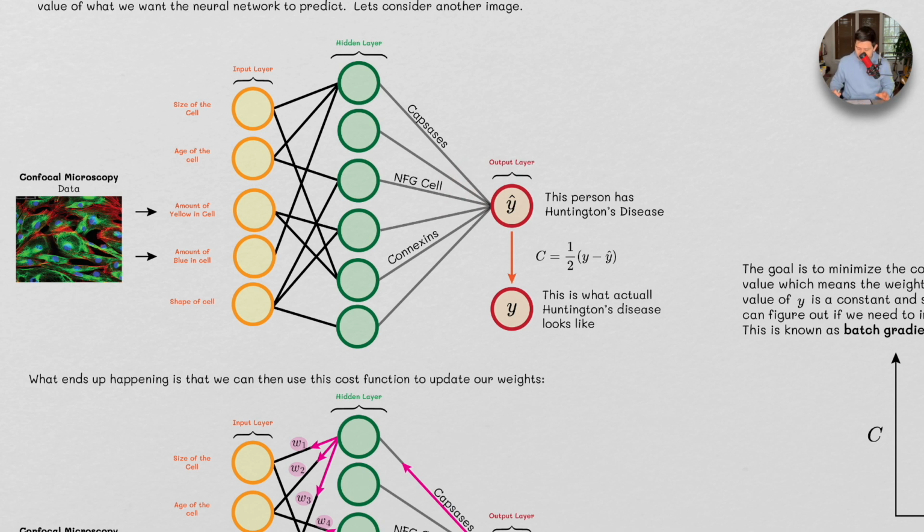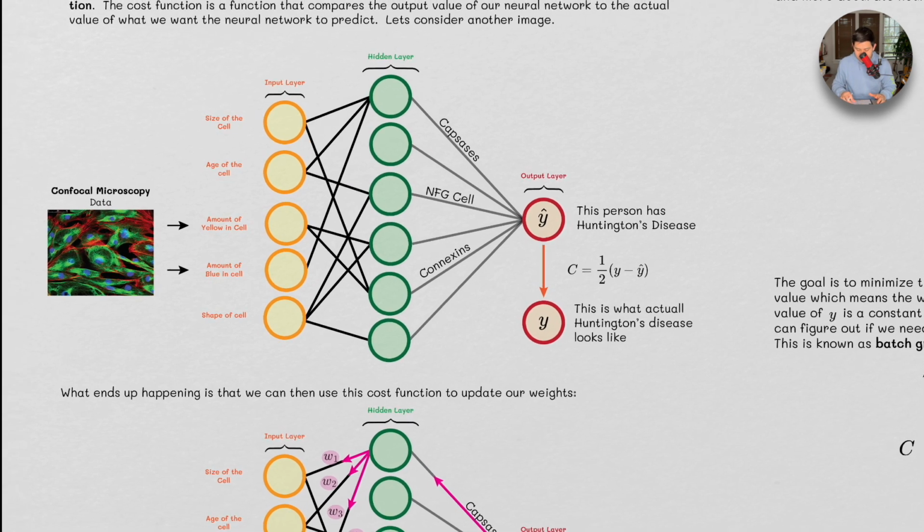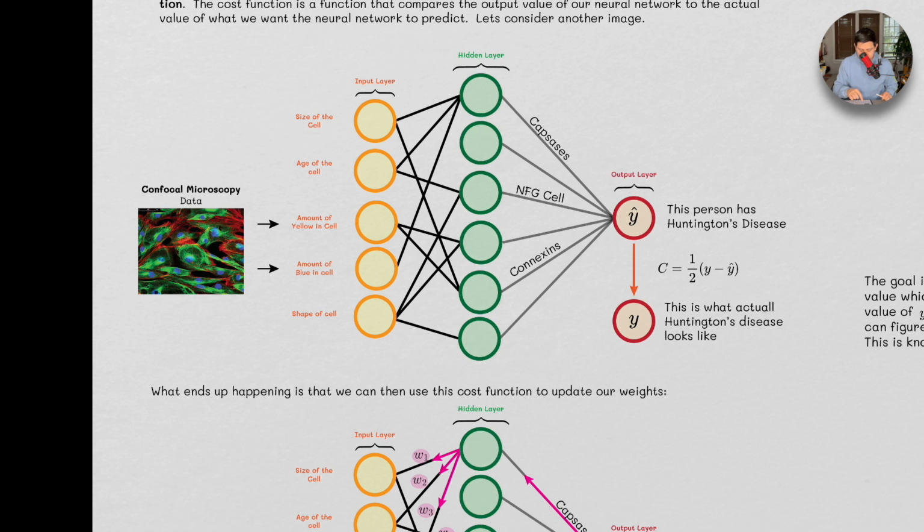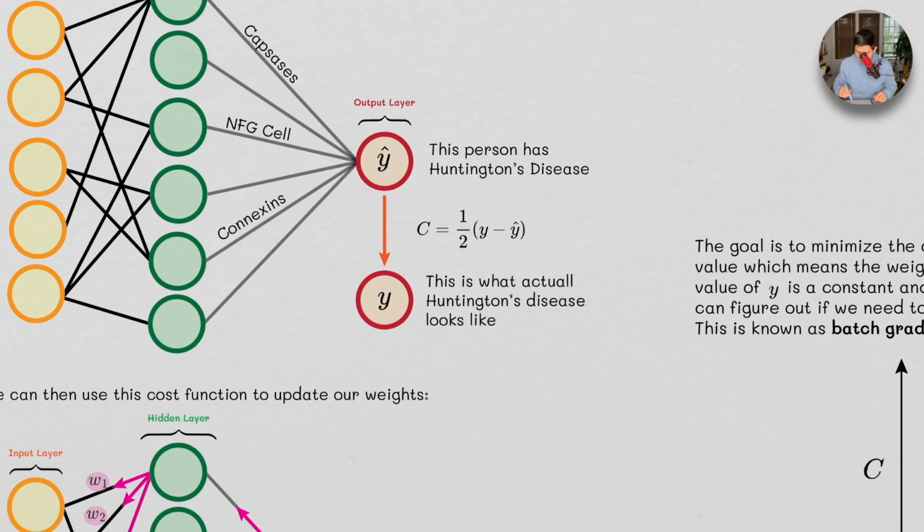And then here's where the idea of a cost function comes into play. The cost function is going to be like, well, this is what Huntington's disease actually looks like. So there's an actual number here that is correlated with someone who actually has Huntington's disease. We have all the data for this person that has this disease, and that's what y is going to be.